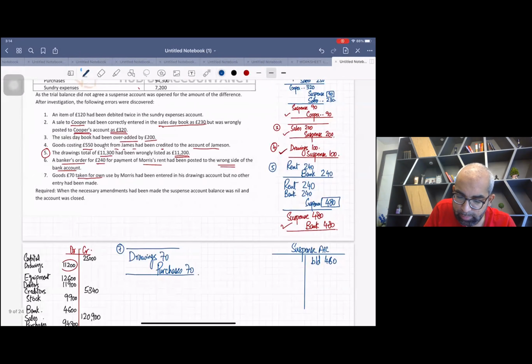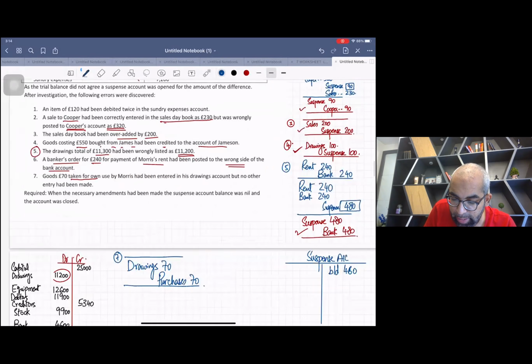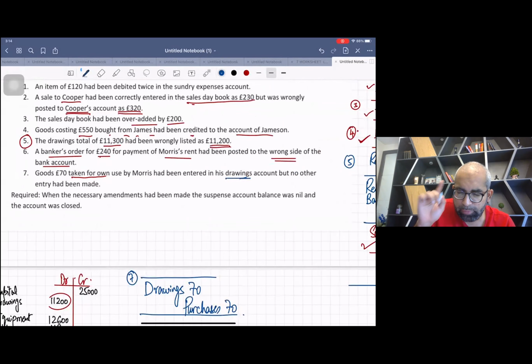Goods taken 70 for own use for Morris has been entered in his drawings account. Perfect, but no other entry had been made. They only debited the drawings, but they forgot to credit anything.